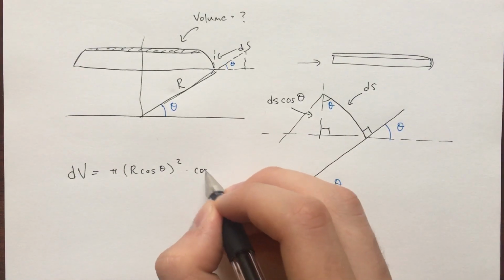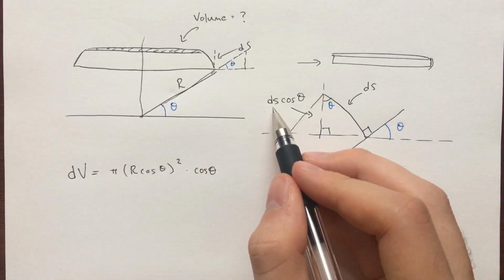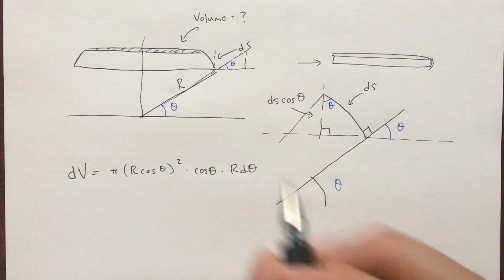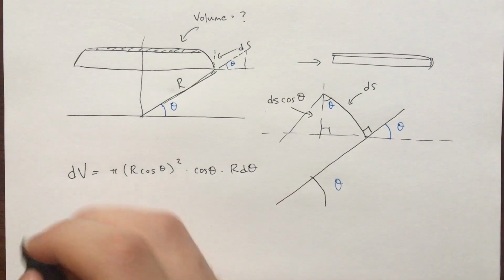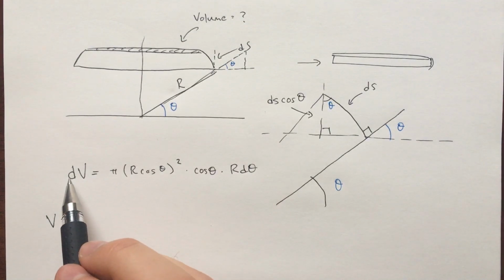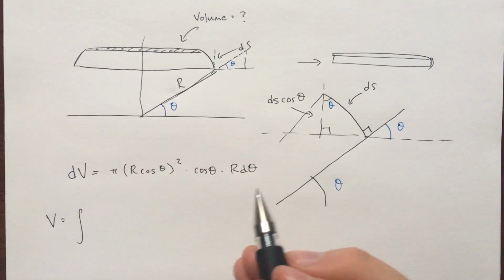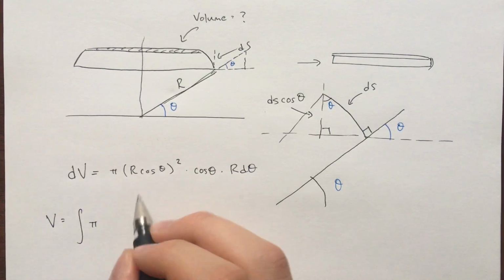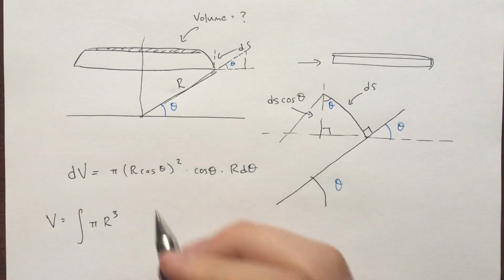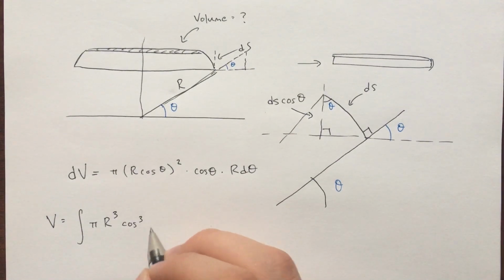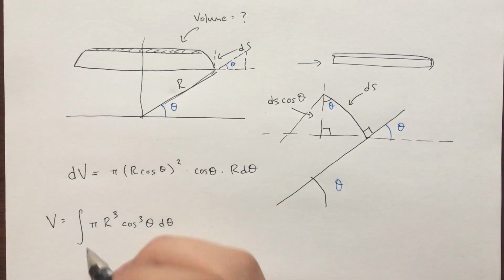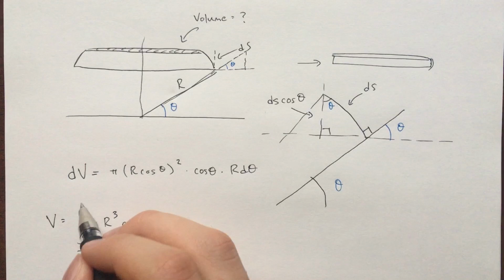So that means we have cosine theta, and ds is r d theta, like this. So our volume is just going to be the integral of dV, which if we simplify everything is now pi times r cubed cosine theta cubed d theta. And of course we want to integrate from negative pi over 2 to pi over 2.